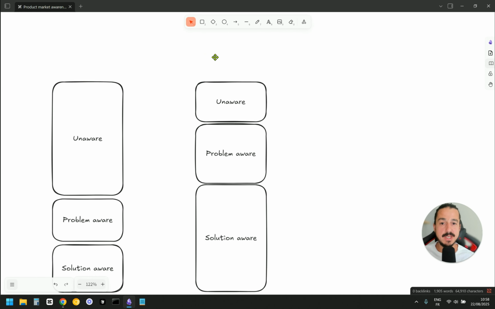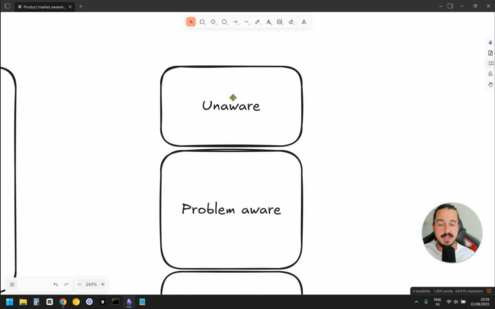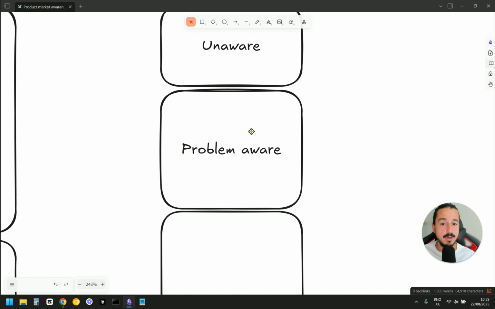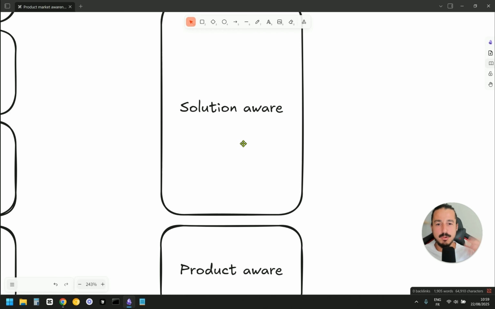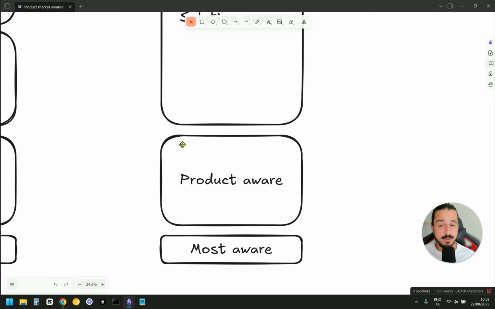If you go from the very beginning, unaware means I don't even know I have the problem. Problem aware: I'm aware I have this problem, but I don't even know if there are solutions. Solution aware is like, okay, I've heard about the solutions, didn't really dig into it yet, but I'm aware that I have a problem and solutions exist. Product aware is someone that has already dug into finding solutions and knows a little bit of the market.